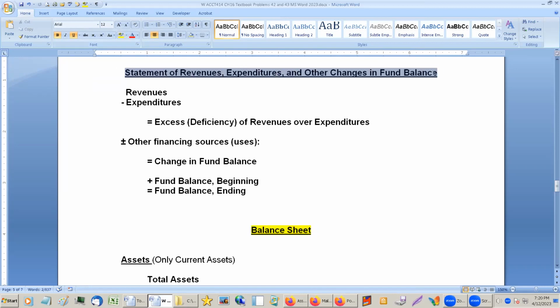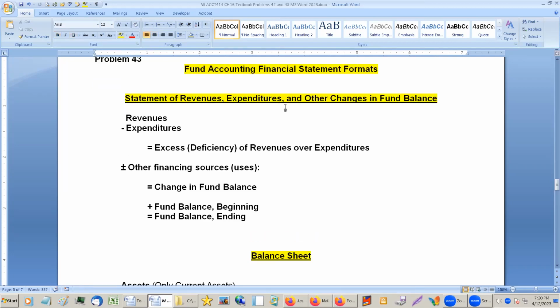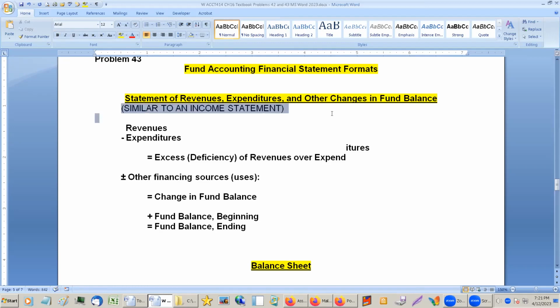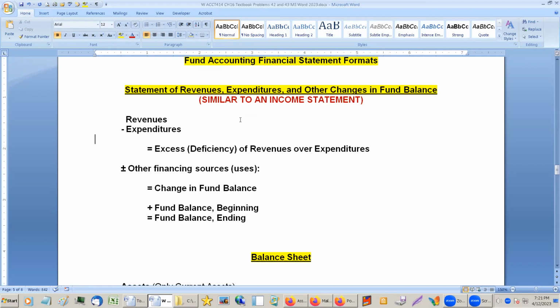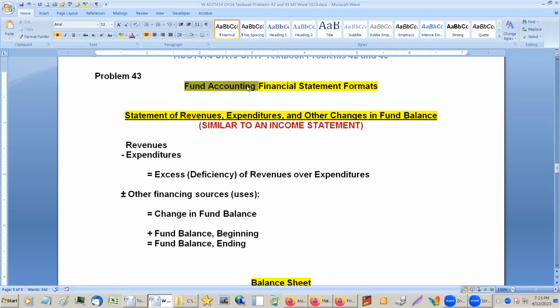And then the statement of revenues, expenditures, and other changes in fund balance. So this is similar to an income statement. Now, this is for fund accounting. This is for the wacky governmental one.